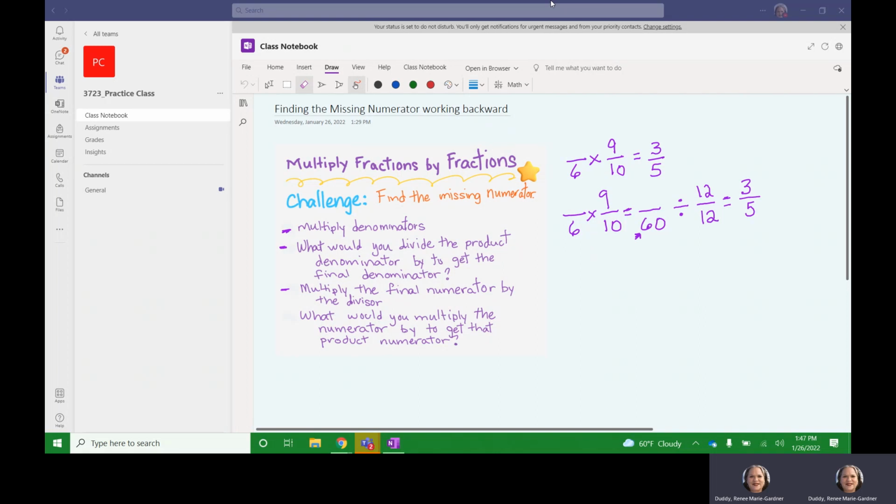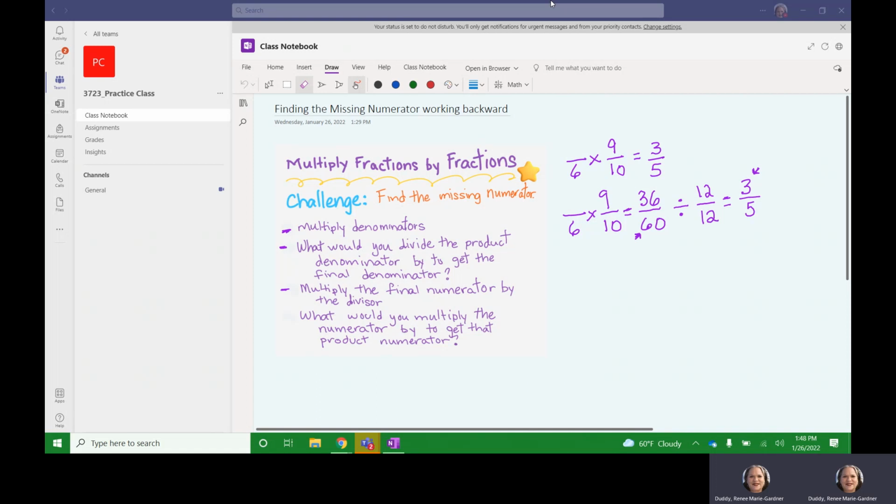My final numerator is my 3, like the final fraction, 3/5. So 3 times 12, which is my divisor, equals, you're correct, 36. Great job.